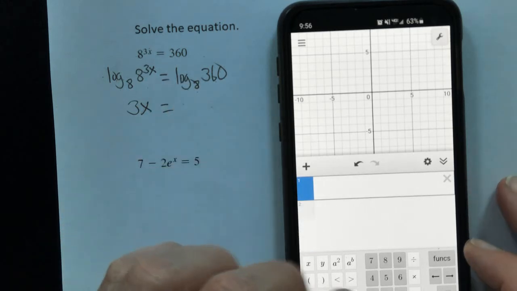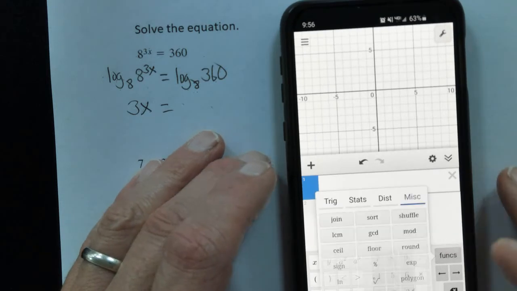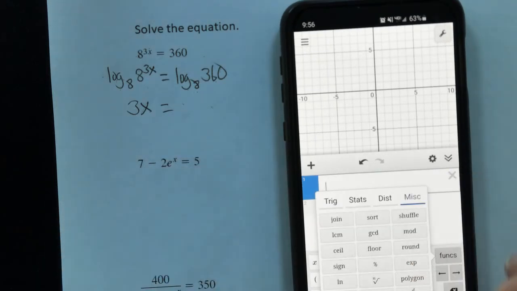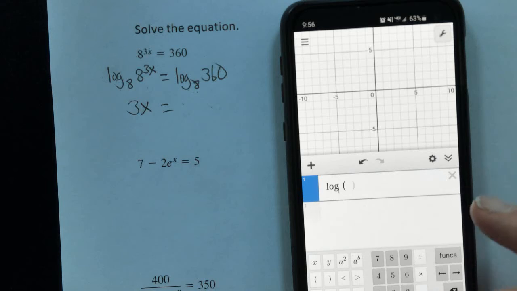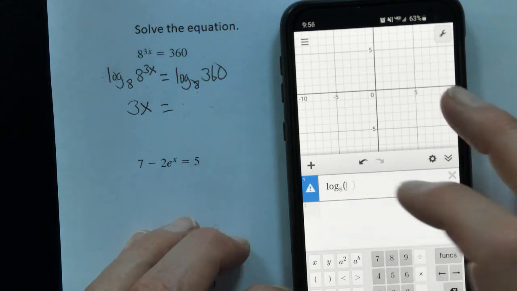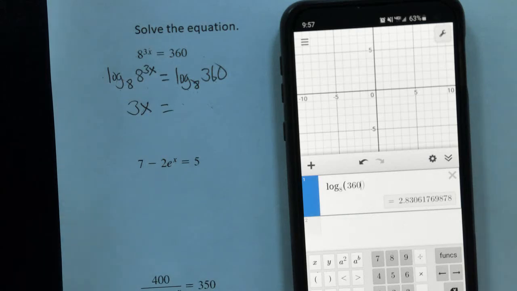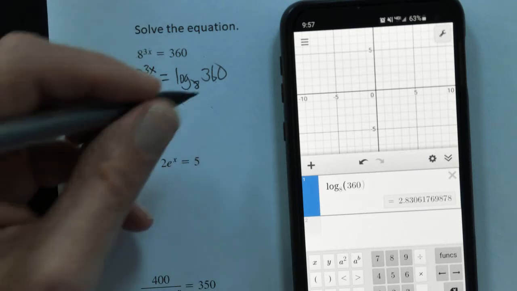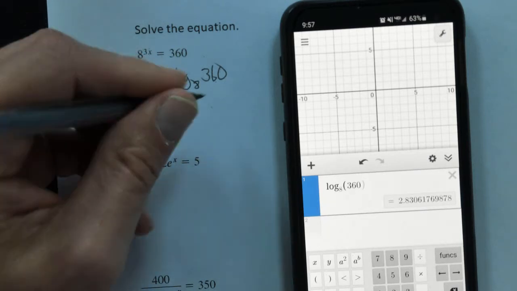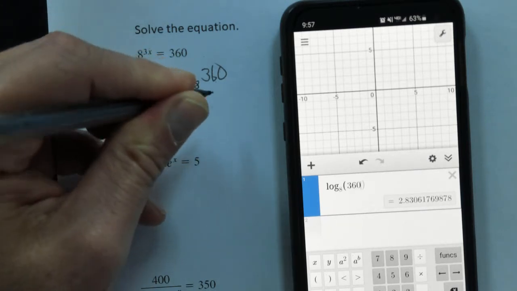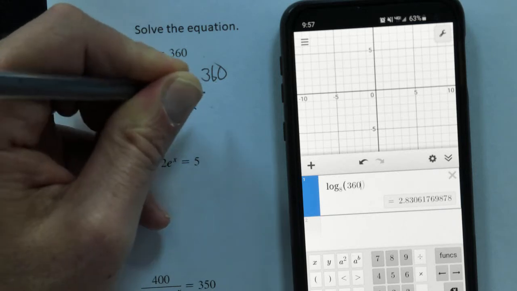But we don't here. We have Desmos installed. So I'm going to go function, and I'm going to go log base a, because I want log base 8 of 360. And I see that's going to be 2.493. We'll go out 3 decimal places. Since we're dealing with exponents, we probably want to be a little more accurate than normal, so we'll go to 3 places instead of just 2.